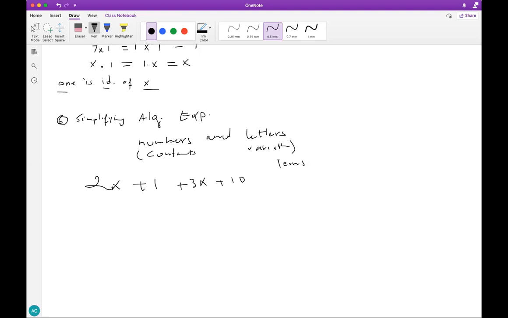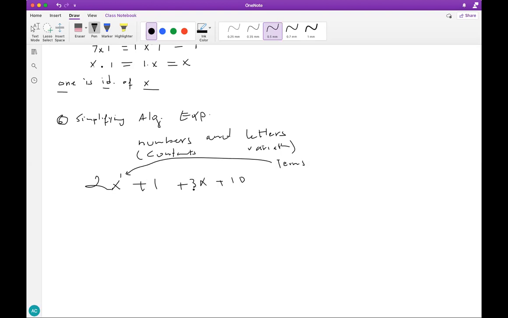This number in front of the x is called the coefficient. This is a variable, and each variable has a power. For example, here we have an invisible 1. So that's what a term is. This is not a constant. A constant is when the number is by itself. But when the number is multiplied by a variable, that's called a coefficient. The variable itself and the power.